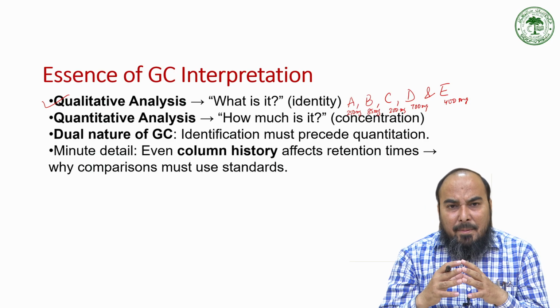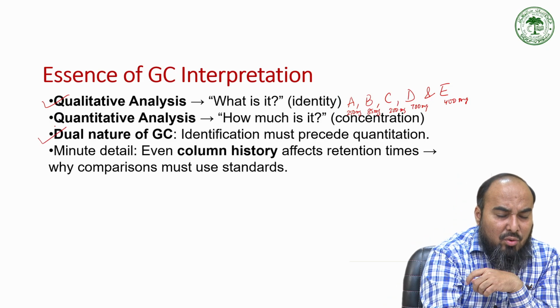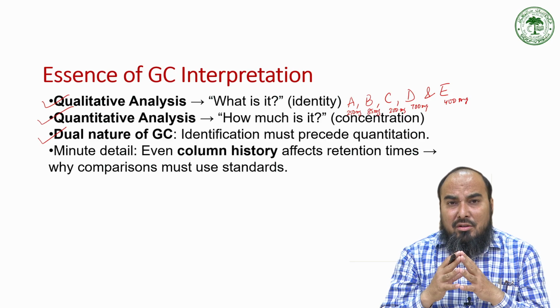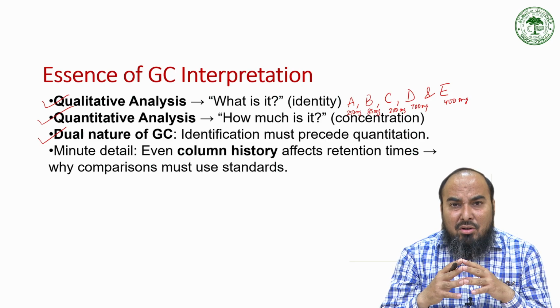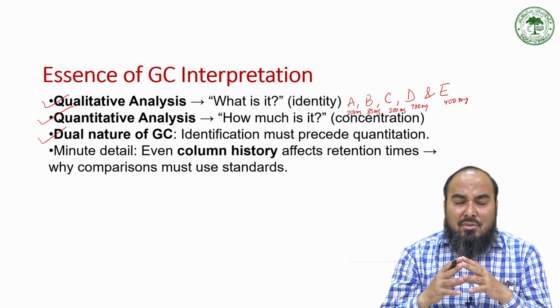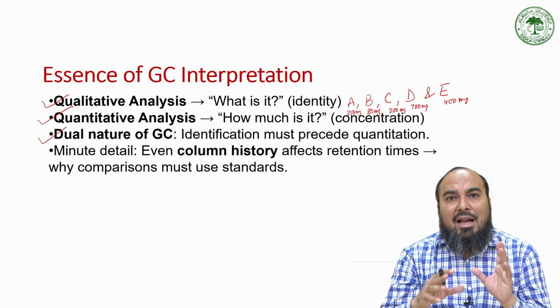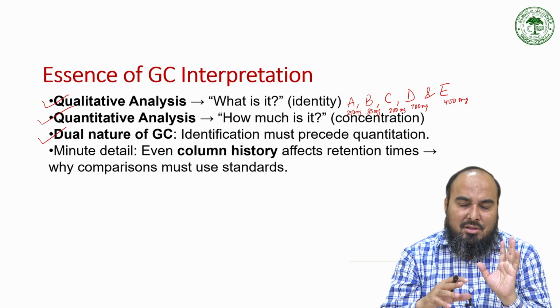Okay, so you can do dual things with this, and you have to always look at your column. You have to check the history, what was the nature of the last sample run by that particular GC.